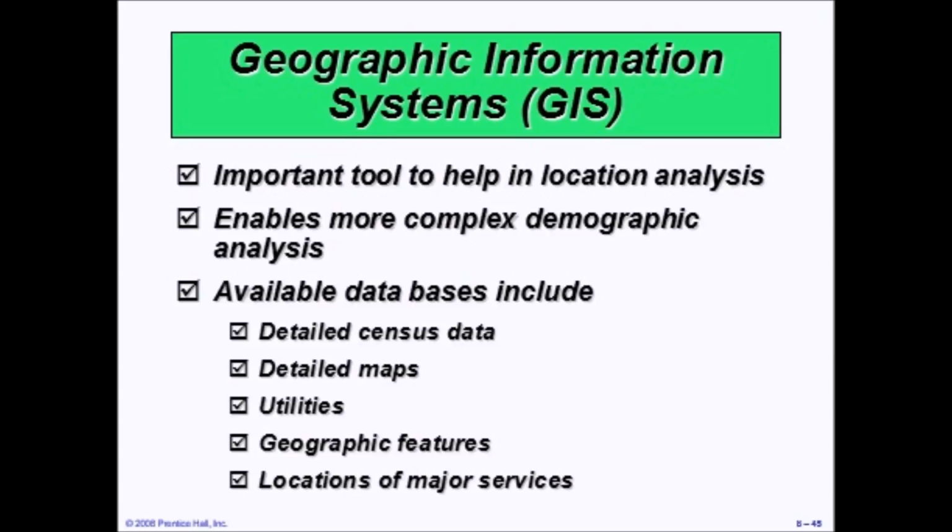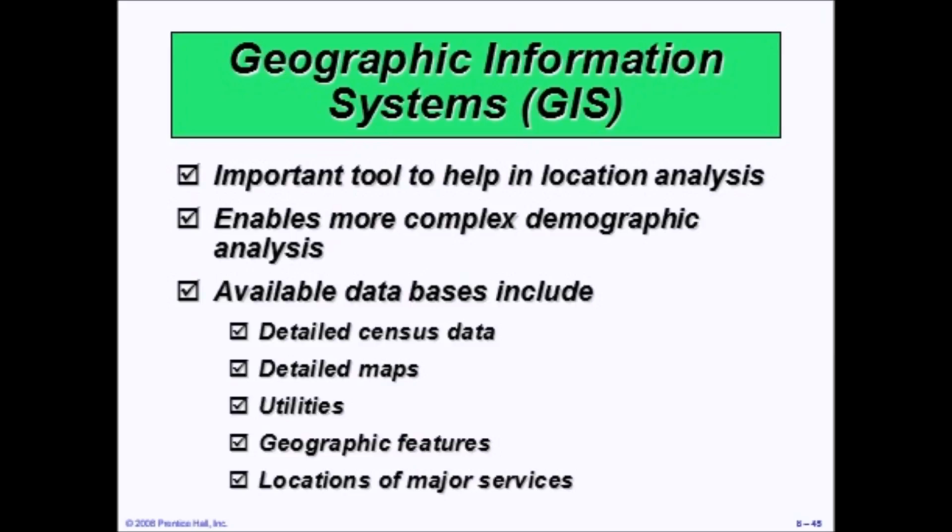Geographic Information System. It is a computer system for capturing, storing, checking, and displaying data related to positions on Earth's surface. GIS can show many different kinds of data in one map.